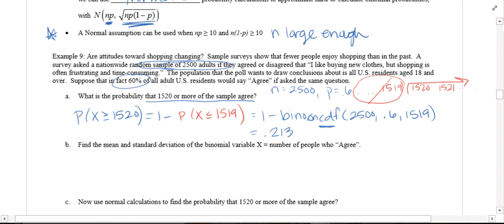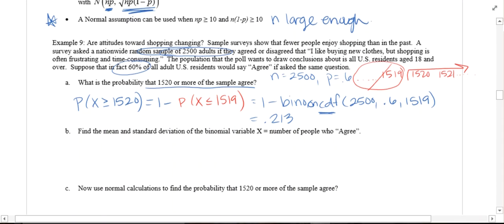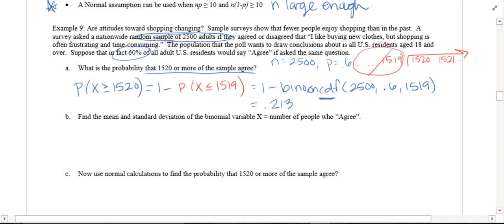So that's an exact calculation. We are also going to go ahead and do a normal approximation and see how close it is. Because the binomial CDF, you can do this, it just gets kind of awkward when n is really large. But this binomial is an exact answer. Okay, so this is exactly right.